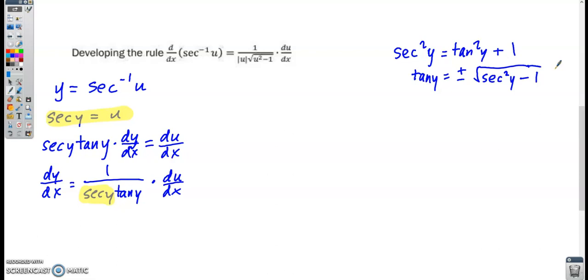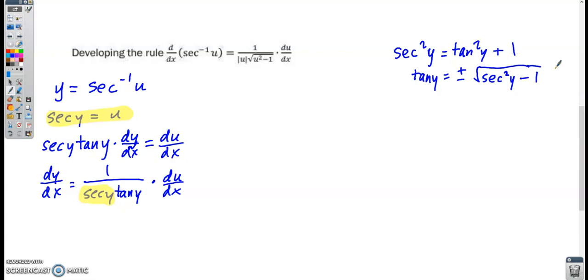Now, here's where it's a little tricky for us from a thought process standpoint. Unlike the development for the arctangent, we don't have exactly what we need. And unlike the development for the arcsine, we don't have a real easy to define domain issue. But what we can notice, if you look at the four quadrants and you look at tangent of y and secant of y and where they're defined, in all of the four quadrants, wherever tangent is positive, secant is also positive.